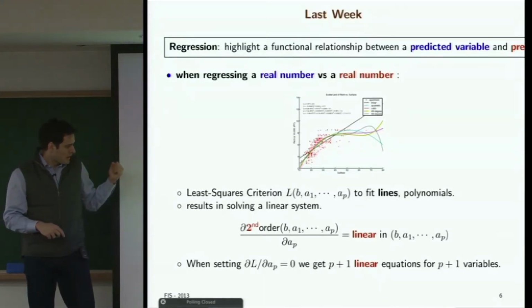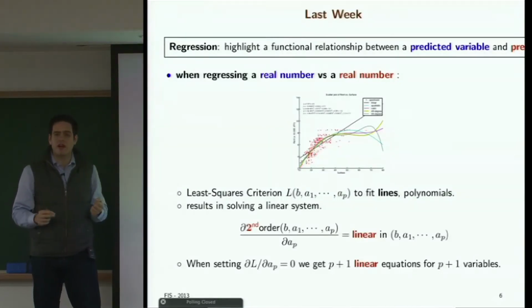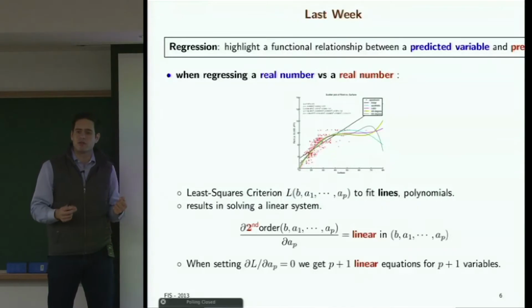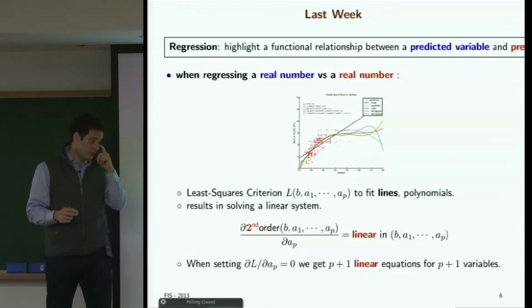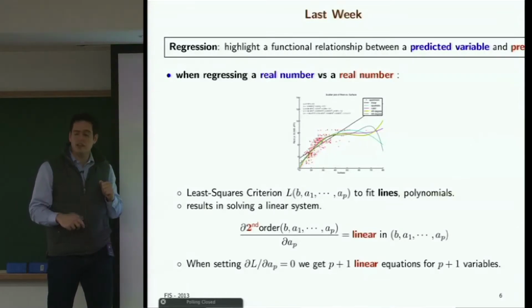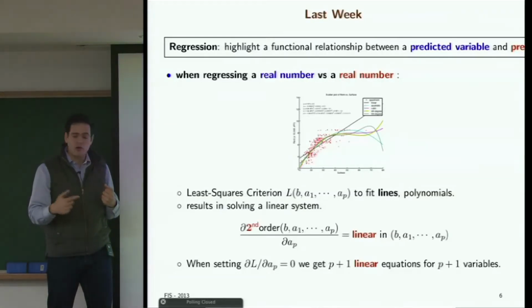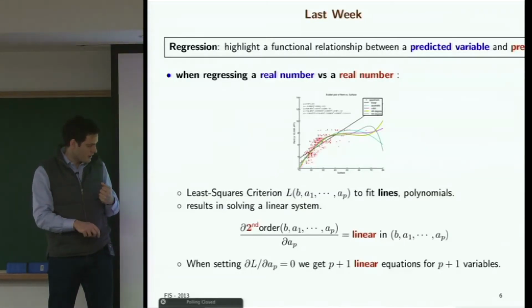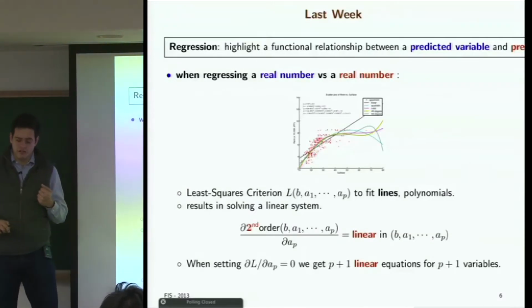If you use the least squares criterion, and b, a1 to ap are the variables that you need to select to choose your function, then since the criterion is a least squares, it is a second order polynomial in every one of your parameters.